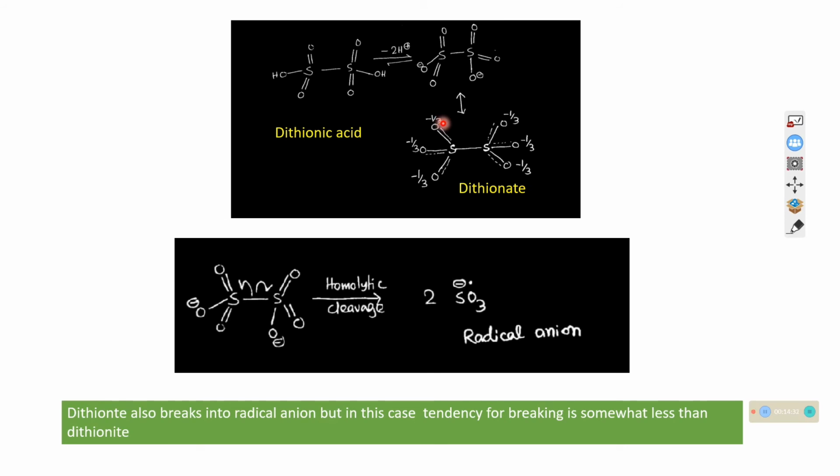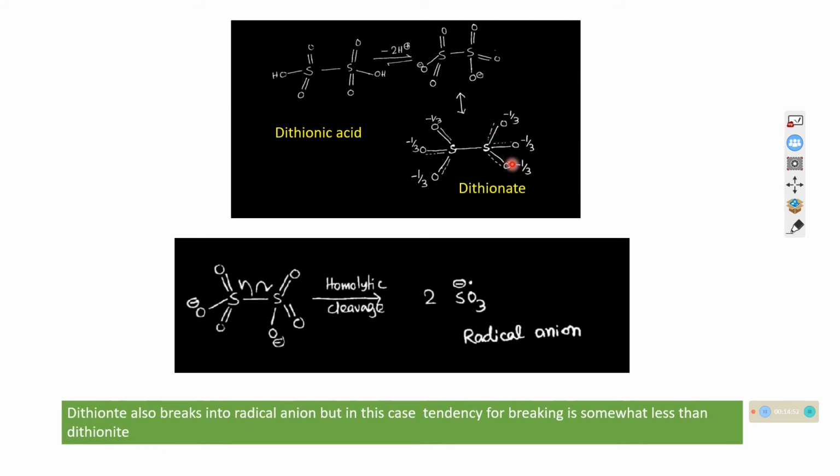The same thing happens in the case of dithionate, but in this case the tendency is somewhat less. It will break into radical anions by homolytic cleavage, but the tendency is less because there is no lone pair present directly on the sulfur atom.